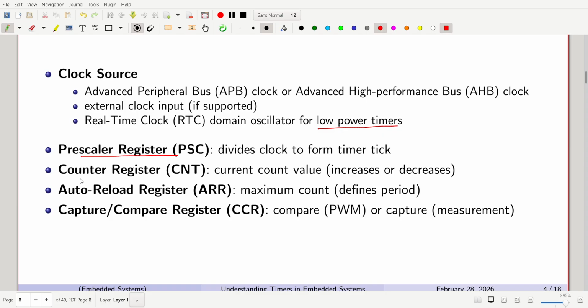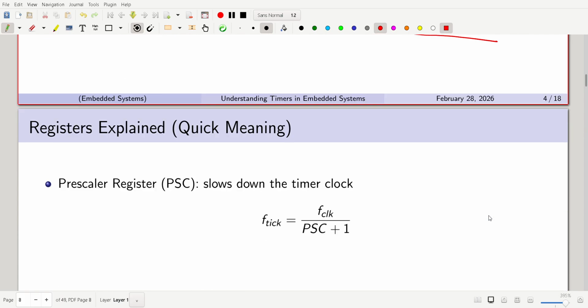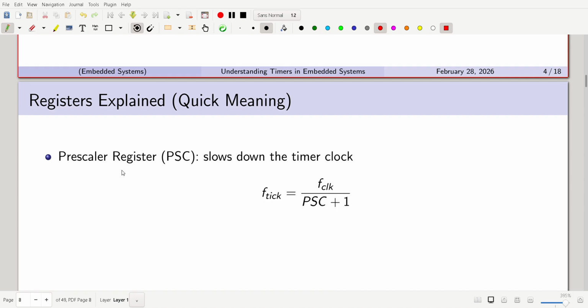The Counter register holds the current count value, which increases or decreases. The auto reload register holds the maximum count and defines the period. The capture and compare register, CCR, is used for PWM compare and capture measurement. The Prescaler Register slows down the timer clock: f tick is equal to f clock divided by PSC plus 1.